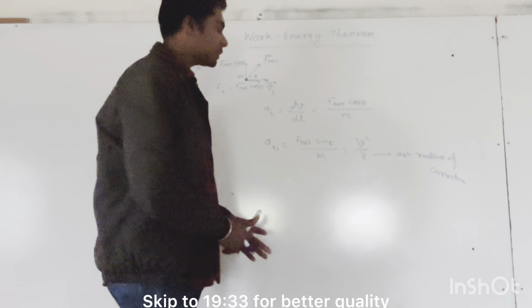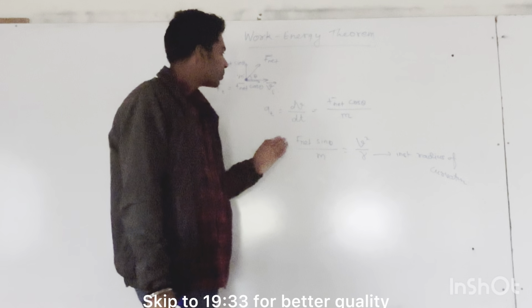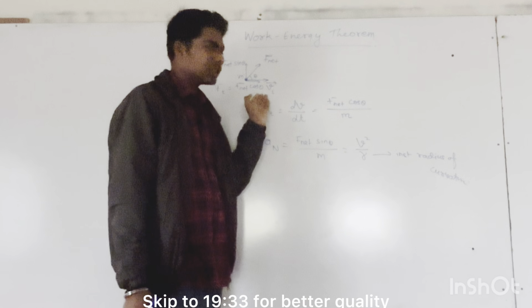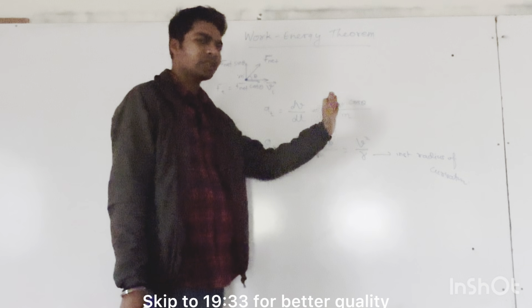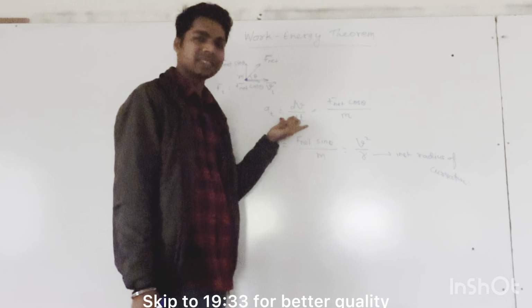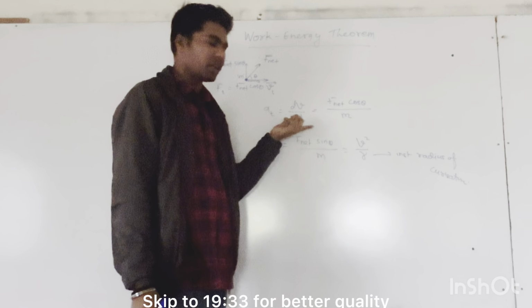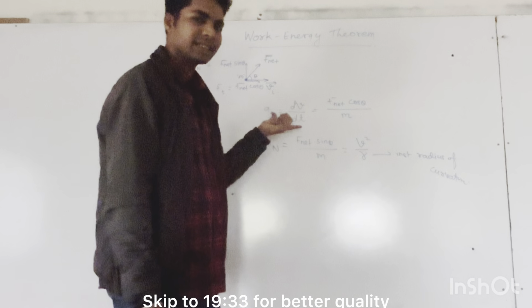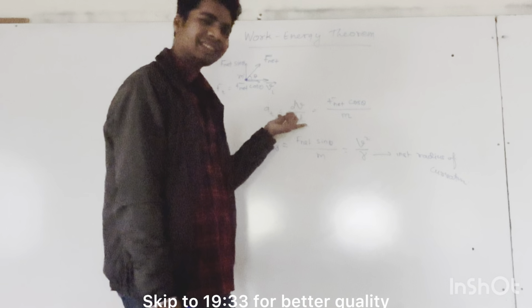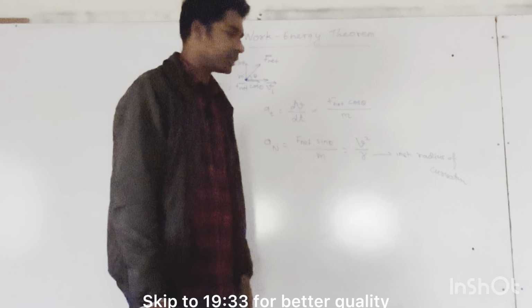We can clearly see that the component along the displacement, that is F net cos theta, is responsible for the change in speed. Whatever changes the speed can change the kinetic energy.